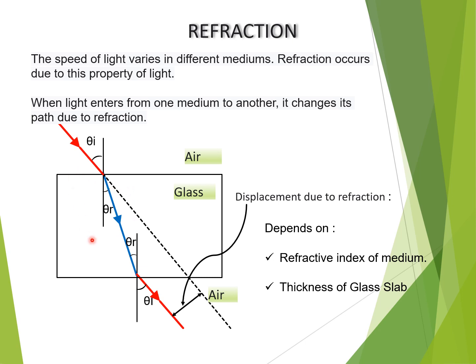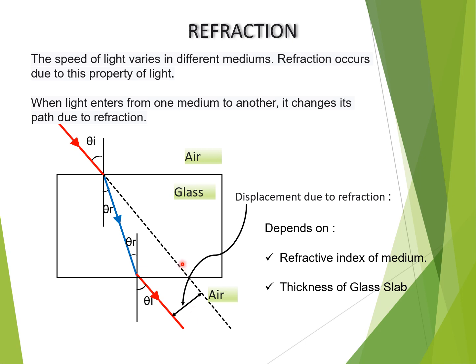You may see this diagram where the light is entering from air to glass. Because the speed of light has changed in glass, the ray has changed its direction. This is refraction; we can say this is a refracted ray now. And again, when the ray exits from glass to air, it changes direction again.